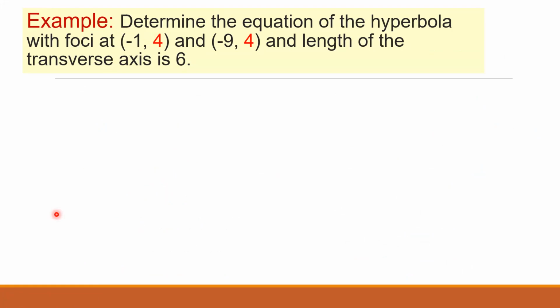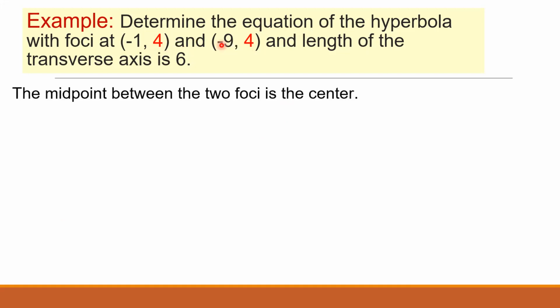Center is the lead character for the equation, whether it's a circle, an ellipse, or a hyperbola. So anong relationship niya with these two foci here? It's actually your midpoint. So the midpoint between the two foci is the center.